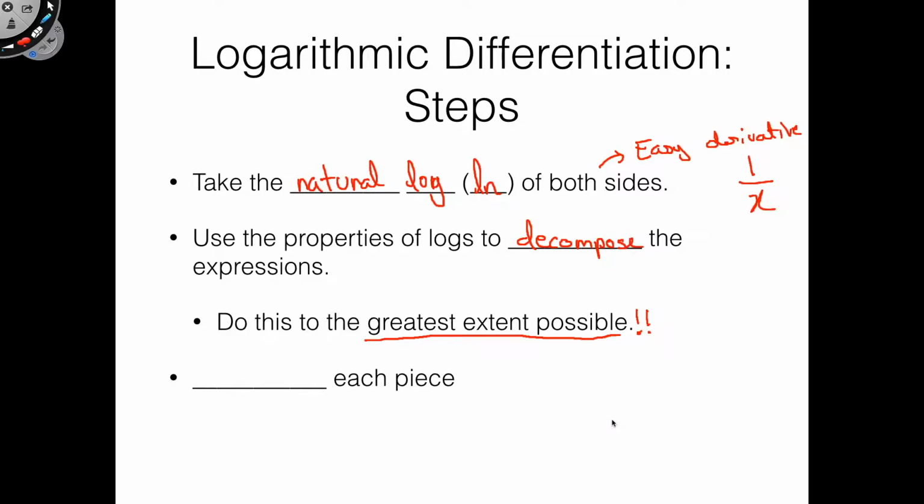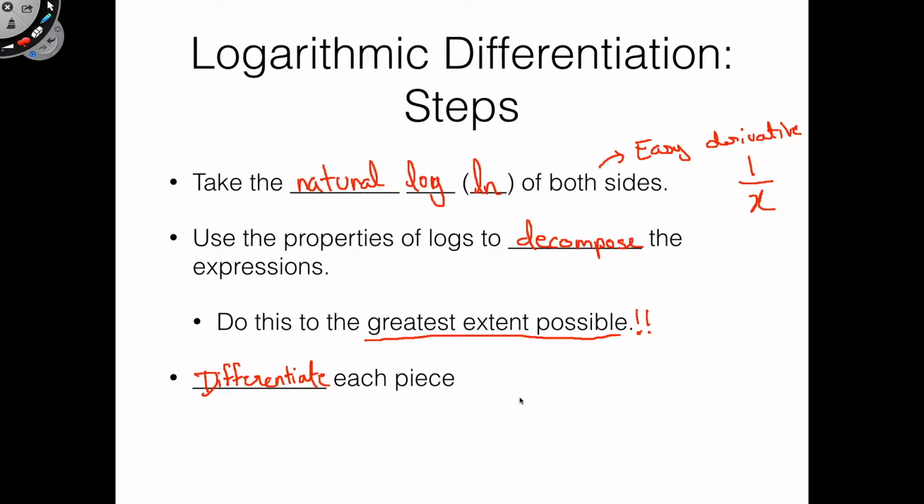You're going to have to use a chain rule eventually, and the more properties you can use, the fewer chain rules you'll have to use, and the easier your life will be. Okay, and once you're done with that, differentiate each piece. So the idea is here we're taking a huge complicated expression and we're breaking it down into smaller, more digestible bits that we can basically eat up, or differentiate.